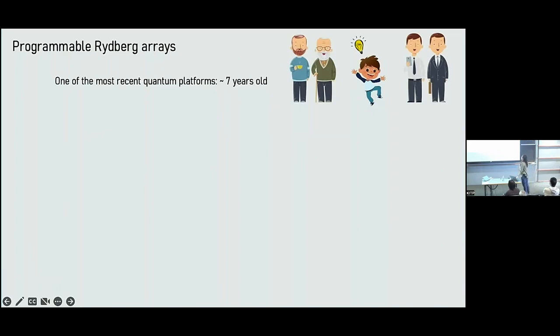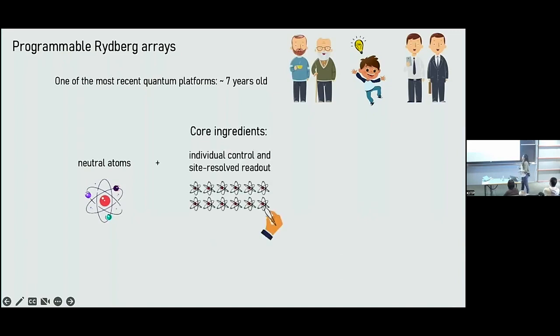So what are the core ingredients of this platform? The quantum building blocks are neutral atoms. The reason we want to use neutral atoms is because they can be very well isolated from the environment, which is crucial for these quantum machines. And we can manipulate and read them out with very high fidelities. We want to use them in a specific setting where we have individual control.